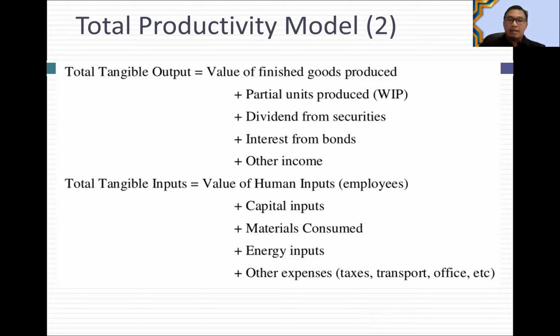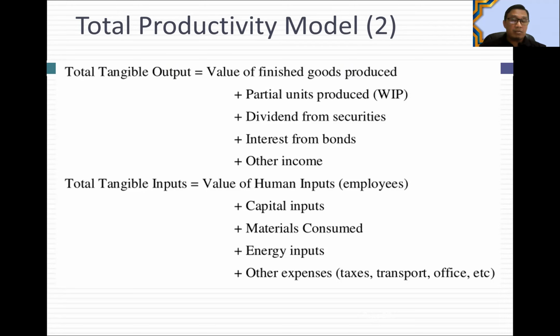But according to Sumanth, this partial unit produced or work in process can also be considered as tangible output, so we can calculate the value of the partial units produced. The third one is dividends from securities. The fourth one is interest from bonds and also other income. Those are examples of tangible output in Sumanth's model.